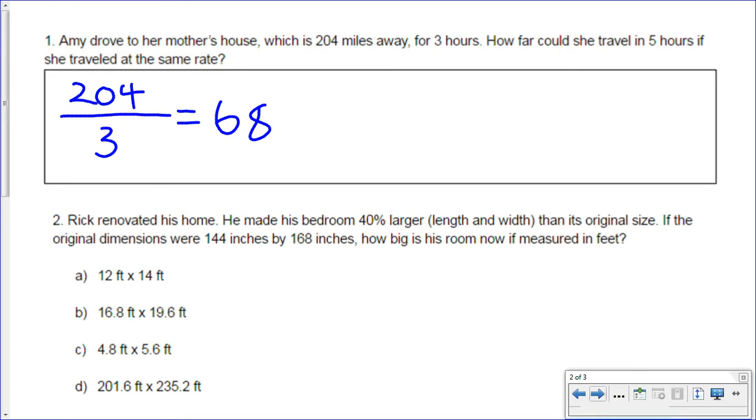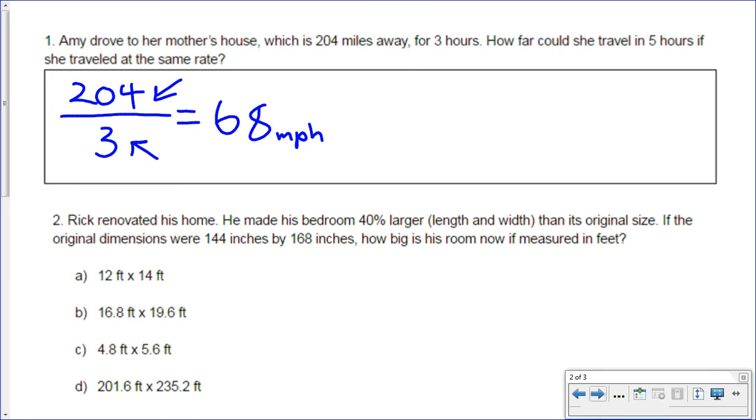It took her 3 hours to drive 204 miles. So what that means is, if we divide the total distance that she has driven by the number of hours, then we get her miles per hour rate. So she drives 68 miles per hour. That's how fast she drives.